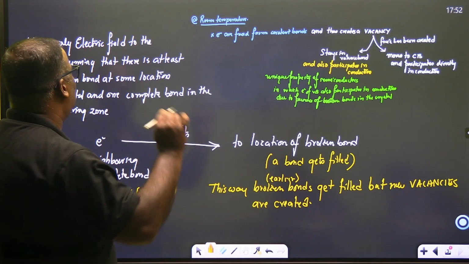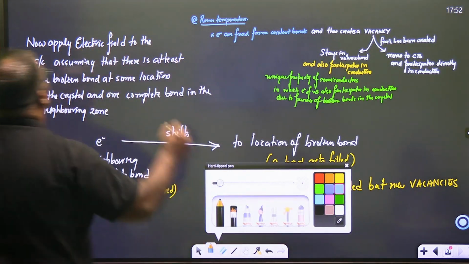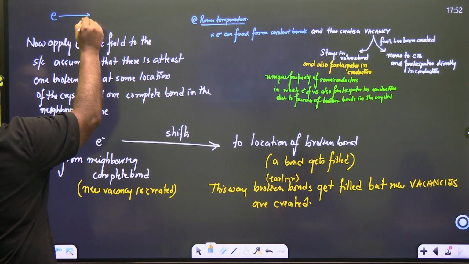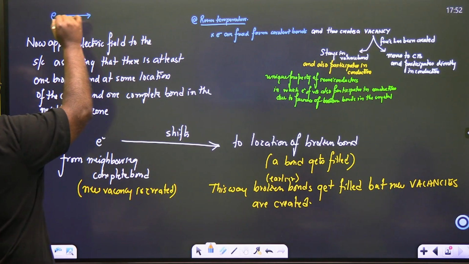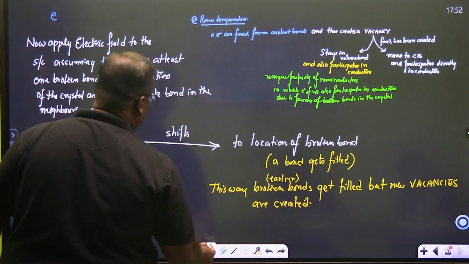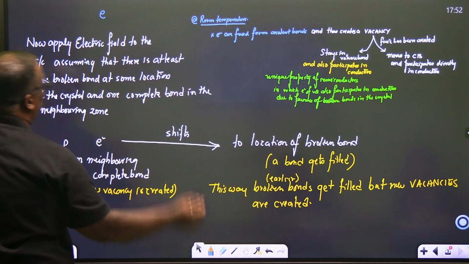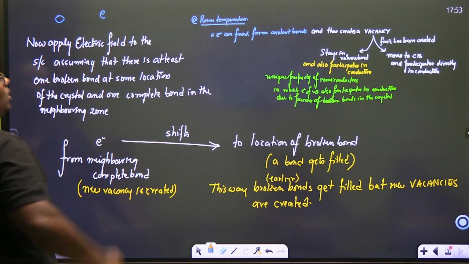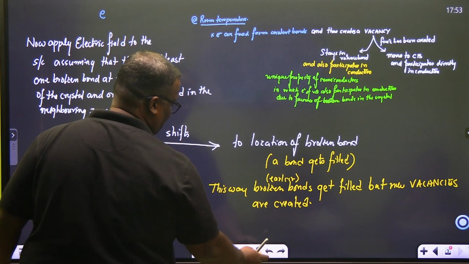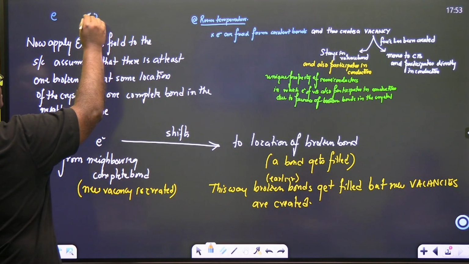Okay, I'm just making one small drawing. Just try to understand this drawing. Electron moves. Okay, see this, electron moves. As soon as the electron has moved, a hole is created. You didn't see this. See this once again, then only you'll understand. There is a vacancy out here.